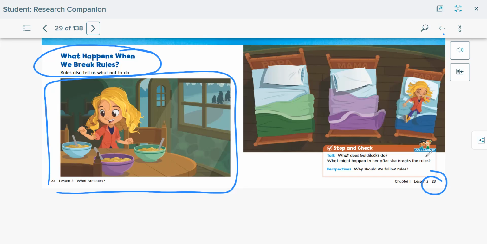She slept in everyone's bed and she messed it up and she didn't even bother to make the bed nice and neat. So she broke the rules. Now, when someone breaks the rules, they might get in trouble. So we want to follow the rules and be respectful and mind our own business and have manners.